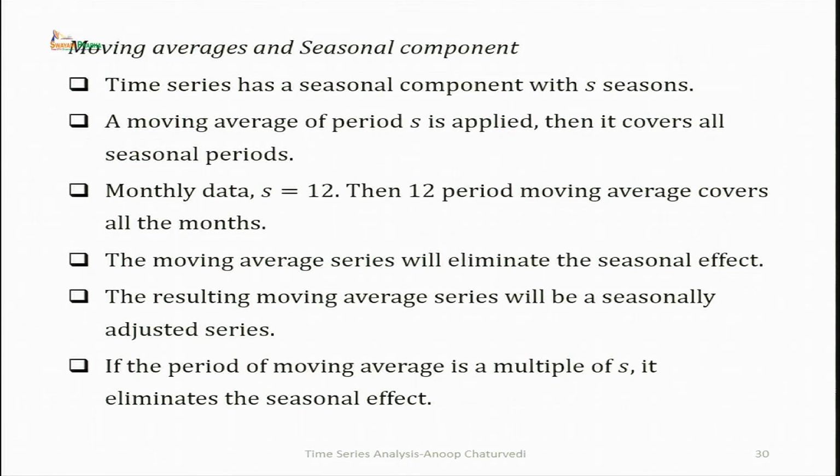For example, if you have monthly data, then S is equal to 12, and a 12 period moving average covers all the months. So, the moving average series will completely eliminate the seasonal effect. The resulting moving average series will be a seasonally adjusted series. It does not have any seasonal component.